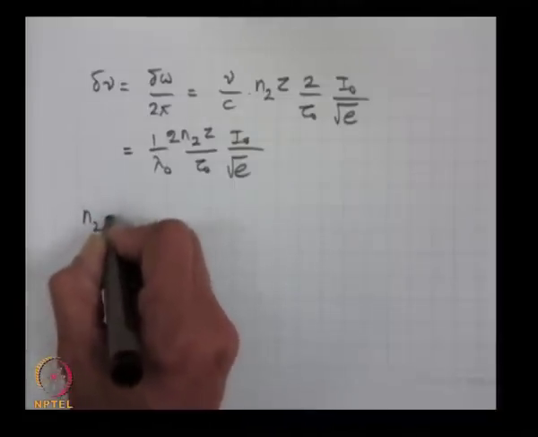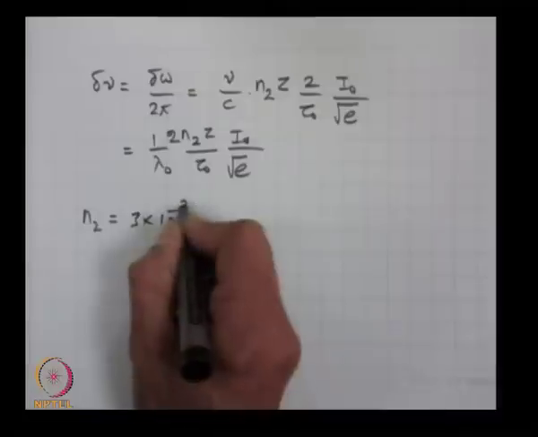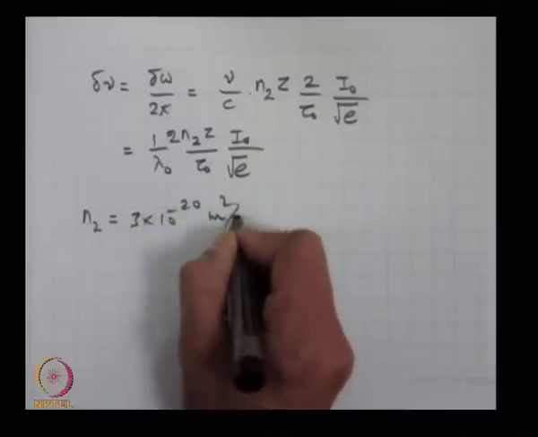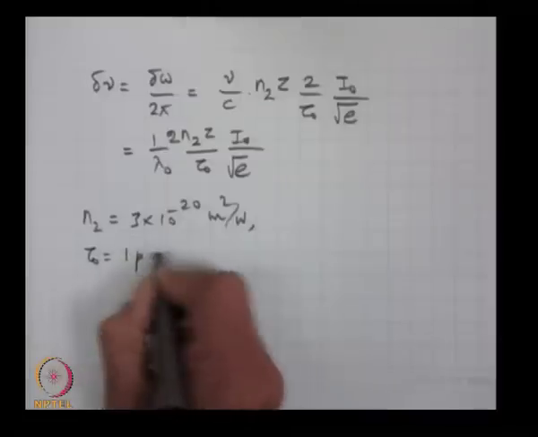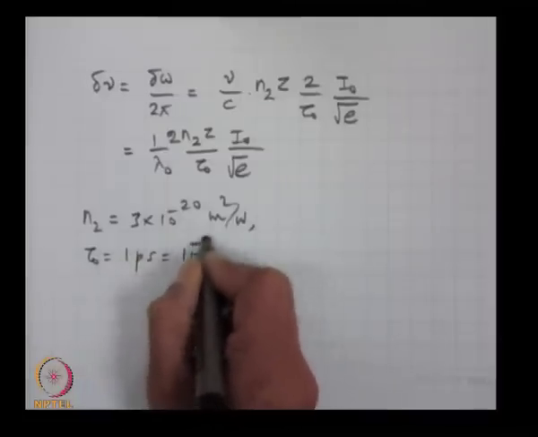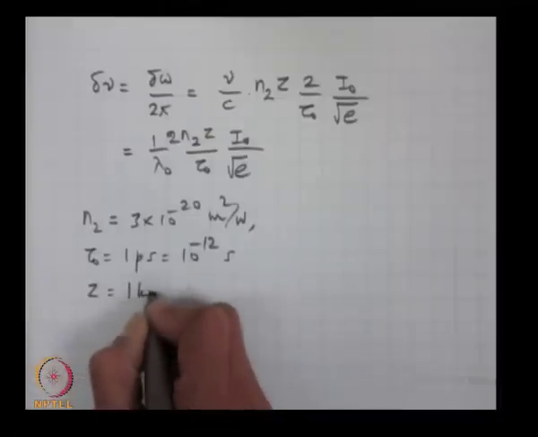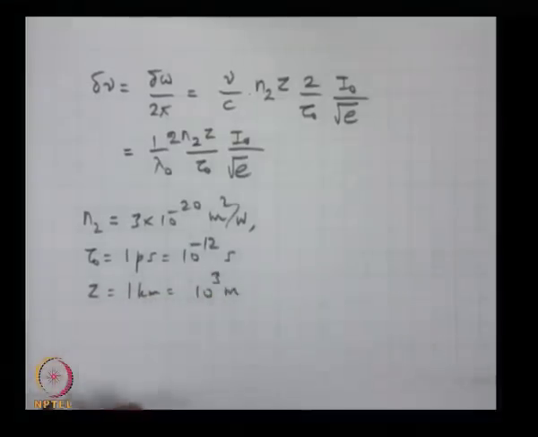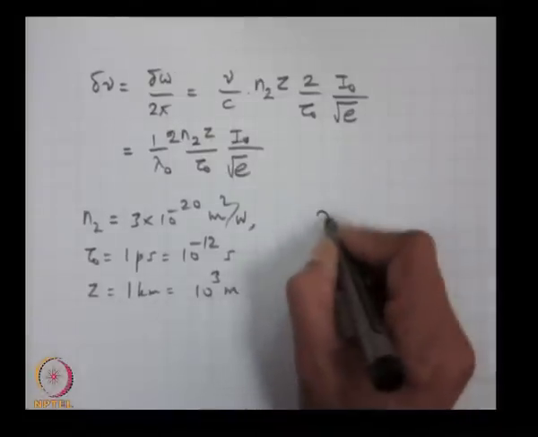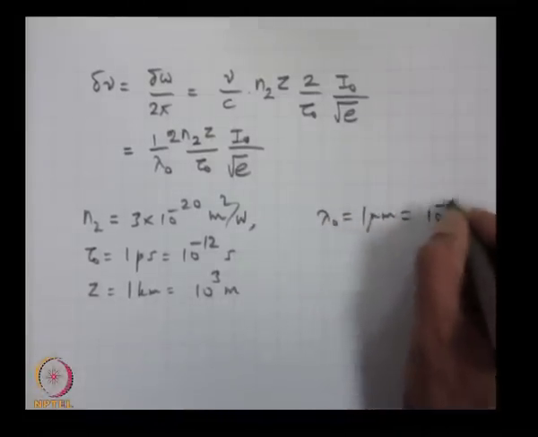So let me take silica glass, n2 of 3 10 to the minus 20 meter square per watt. Let me take a pulse which is 1 picosecond, 10 to the minus 12 seconds. Let me take a length of 1 kilometer, which is 10 to the power 3 meters. And let me assume a wavelength of 1 micrometer, which is 10 to the minus 6 meters.